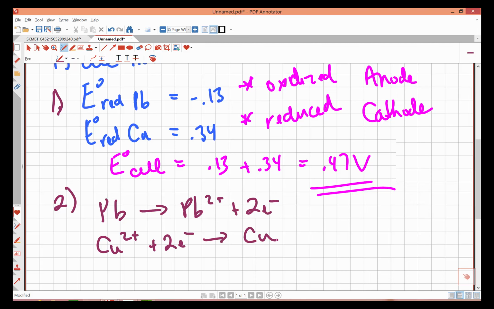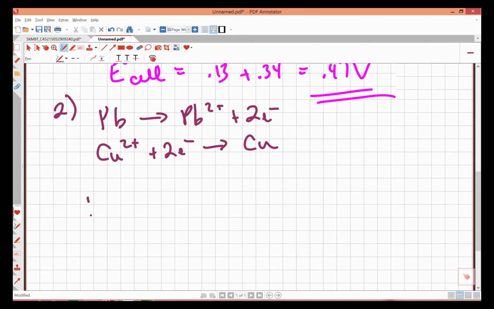That's the way this is going to work. So in total, we put that together, we can eliminate the electrons. Sorry, not Pb2 positive. Lead plus copper 2 positive forms lead 2 positive plus copper.